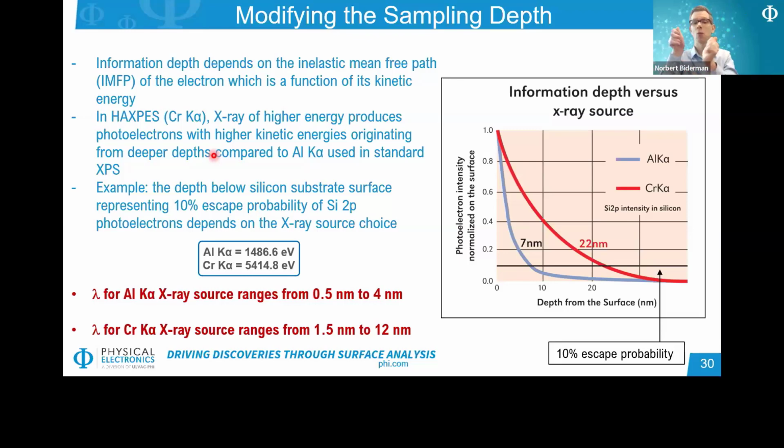Compare that with the chromium X-ray generated photoelectron, where you'll have an escape probability of 10% from a depth of 22 nanometers. So the IMFP for aluminum-based transitions ranges from 0.5 nanometers to 4 nanometers, whereas for chromium you'll see an increase to between 1.5 and 12 nanometers.